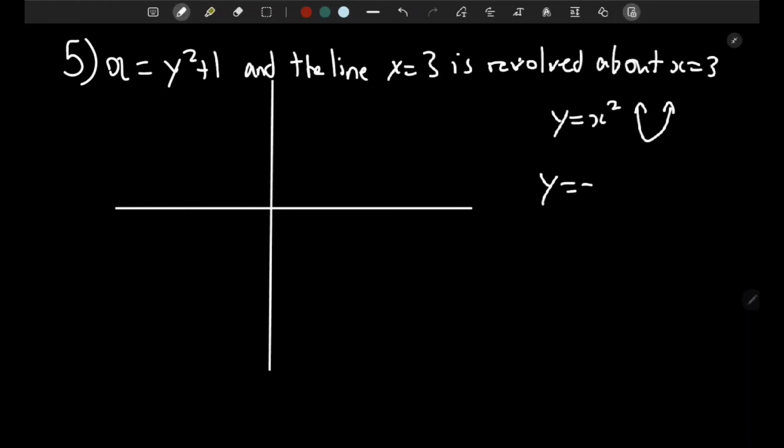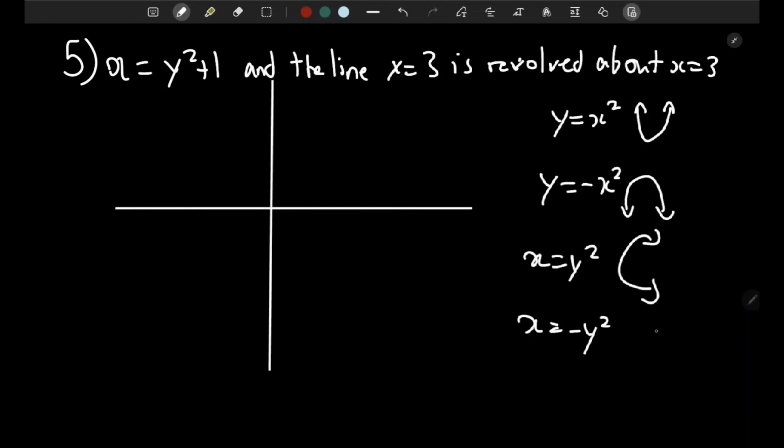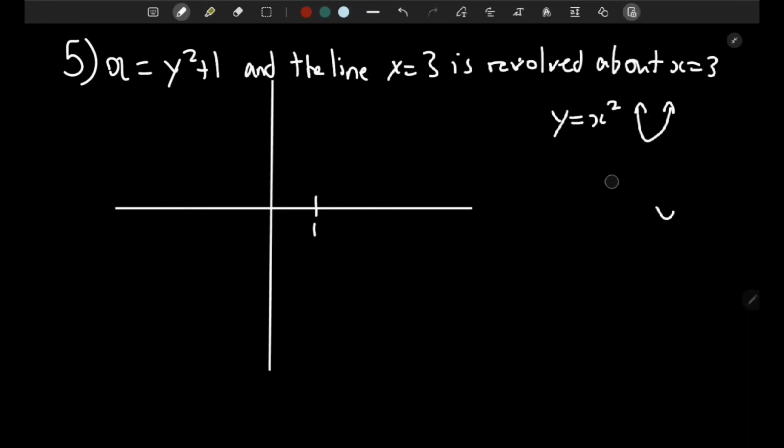And y is equal to negative x squared is going to be the opposite of that, which is an inverted U, and x is equal to y squared is going to be a C, and x is equal to negative y squared is going to be an inverted C. So in our case we have this one and we have a plus 1, so we are going to start from plus 1 over here, and we're going to do a C from here. So let me just erase these now. So keep that in mind, or you can just try substituting values and you will get the same.